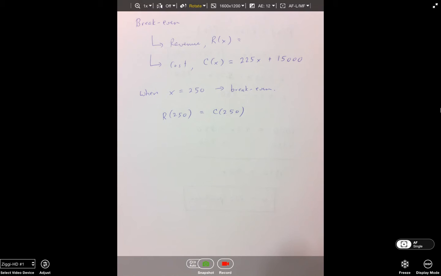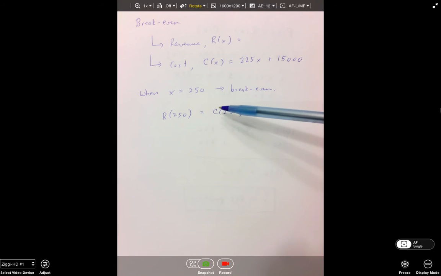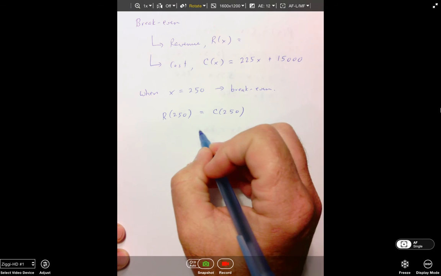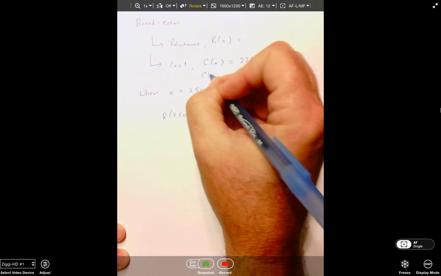Well, we broke even. At 250, those two values are the same. The revenue, the total amount that was taken in, is the same as the cost that was spent to produce 250, which includes the marginal and the fixed cost, okay?